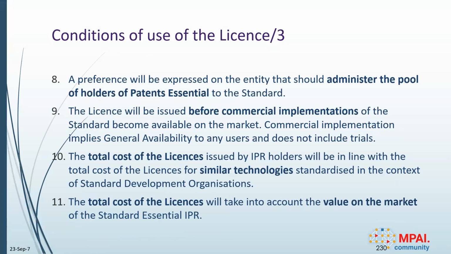You have the standard, but you never know when you will get a license on it. You will say, you know that if someone has a license, you should also have it. And the commercial implementation implies the general availability to any users and does not include the trials. General availability is a term that is defined in the part that I did not copy to the slides.